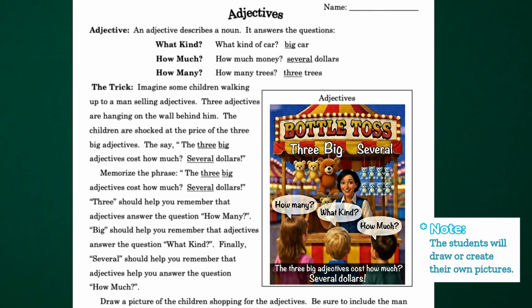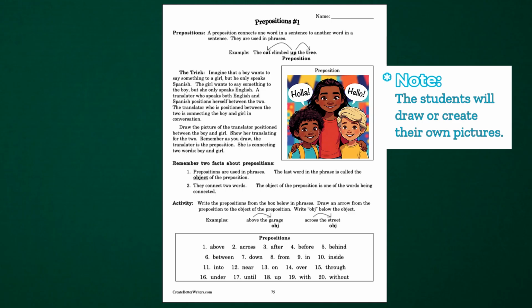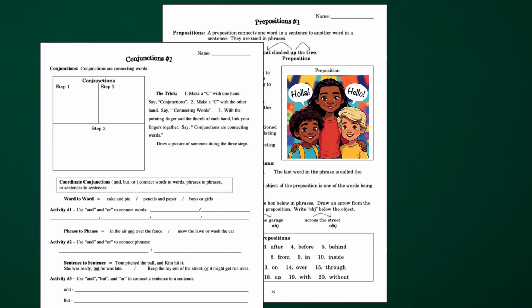Then a similar trick here for adjectives, sticking with the carnival theme. They're going to shout questions at the carnival worker. Then finally, in 5th grade, the students really need to lock in prepositions, lock in conjunctions, as you saw when we went over complex and compound sentences.